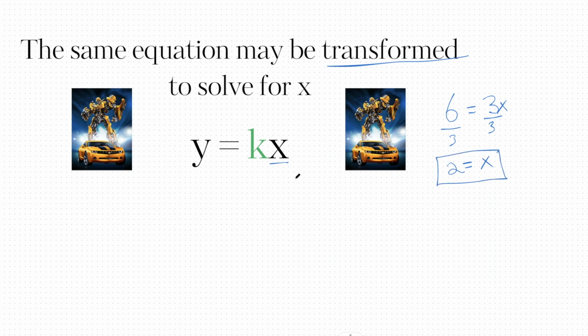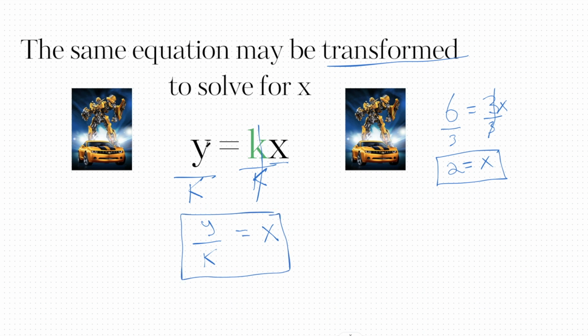So over here, we're going to transform this equation by dividing both sides by k. Divide by k, divide by k. Now these k's cancel out, just like these 3's cancel out. And what's left over here is x equals the y value divided by the k value. So again, we just transformed the equation y equals kx to solve for the x value.